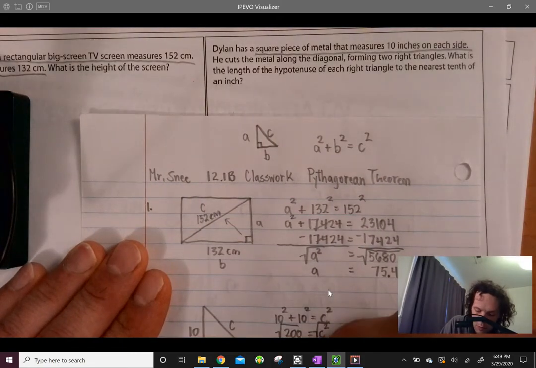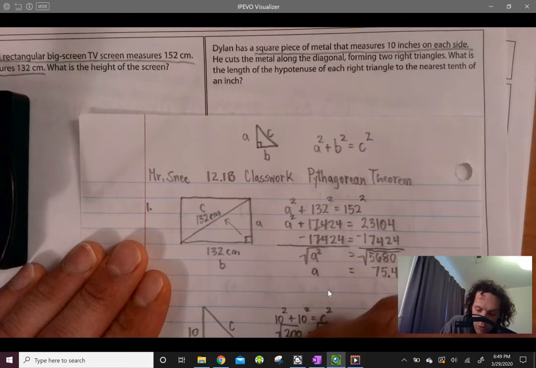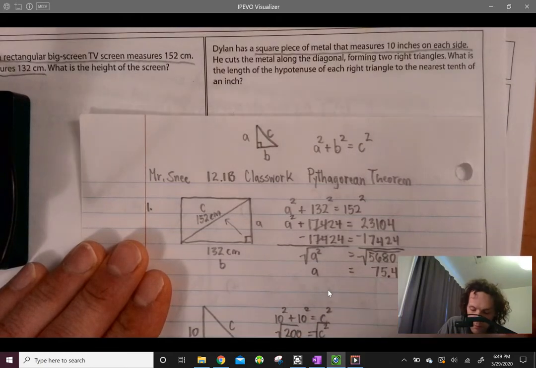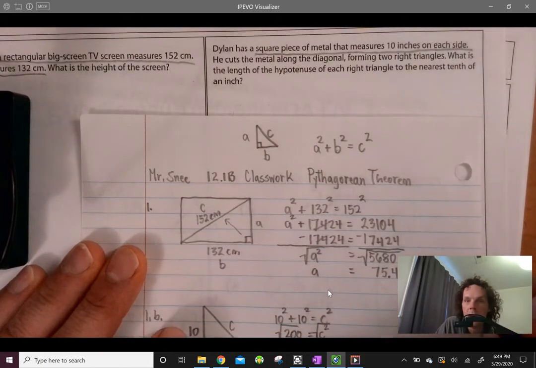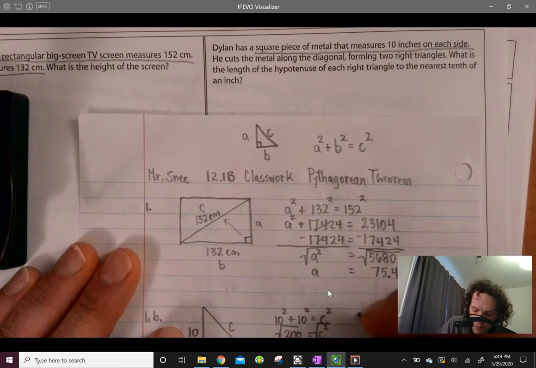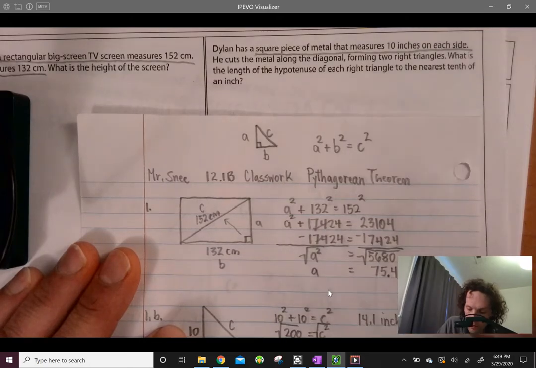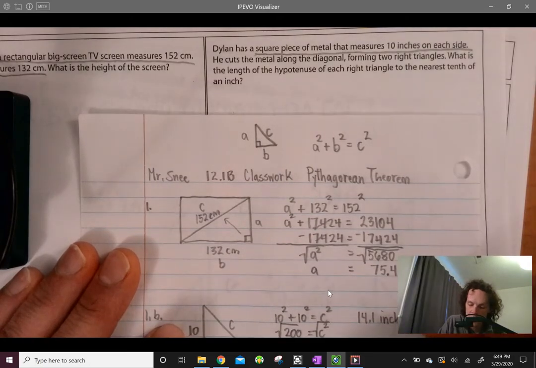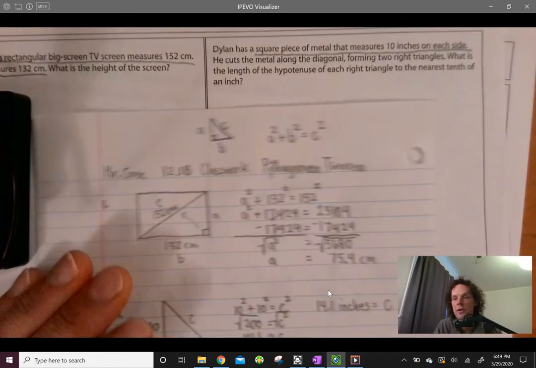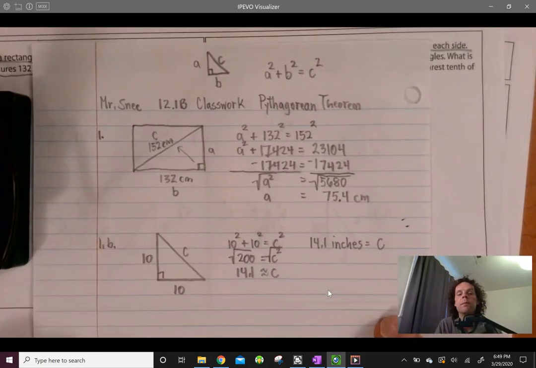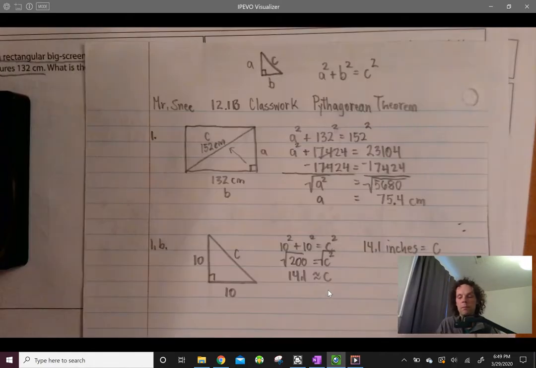C is approximately 14.1 inches, or in, is equal to the hypotenuse C.